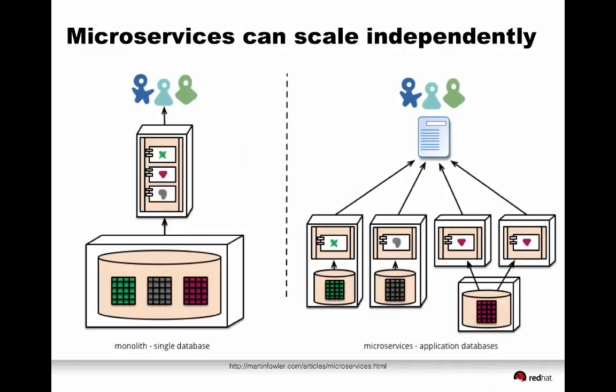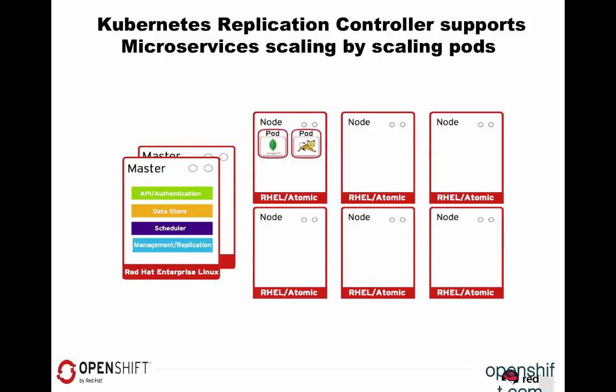Now, another thing is the microservices can scale independently, right? That was one of the features we talked about. Think about this particular application. There are two instances of this application, multiple application pods. They have scaled independently and they are talking to a shared database in this case, right? The next thing is scaling. OpenShift allows you to scale your pods up and down.